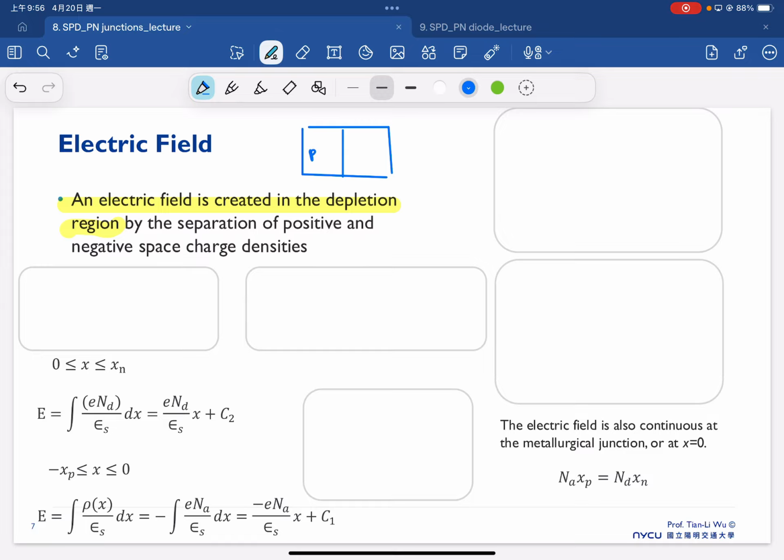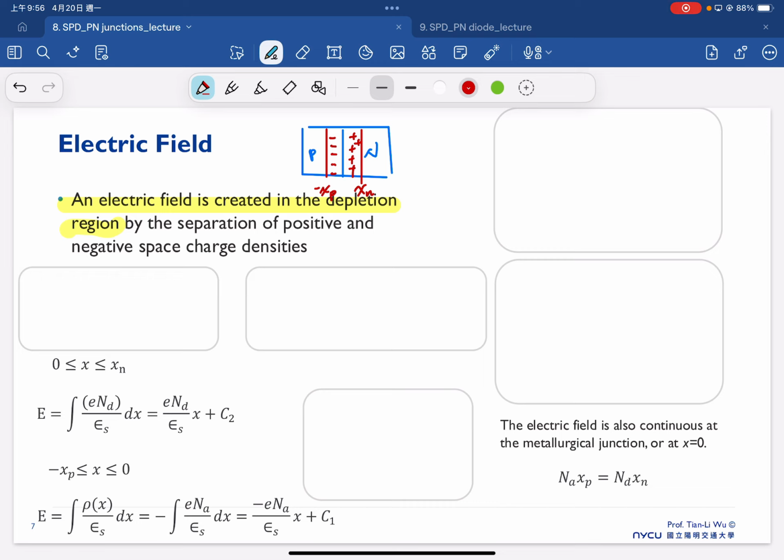We have a P, we have a N, and then we have a space charge region here, which has a negative charge, and here we have the positive charge. And also we put a distance here that we call the depletion width, this space charge region along the n side that we call xn, and along the p side we call minus xp here.